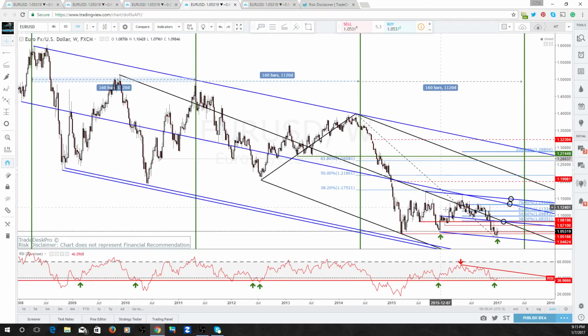So that means for me on a weekly chart, above the median line, step on the gas, because normally if price goes above the median line, it goes back to the upper parallel, which in this case could be anywhere between 120, and if it goes faster, 122, 123.